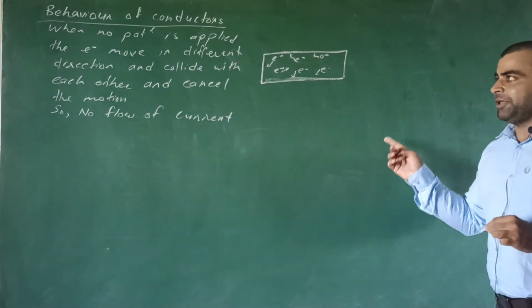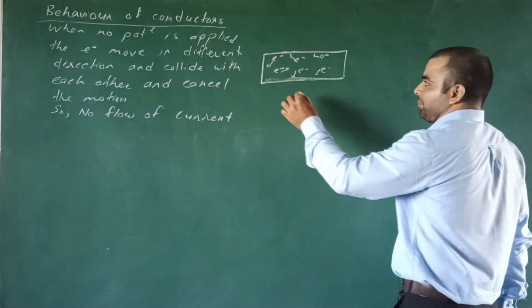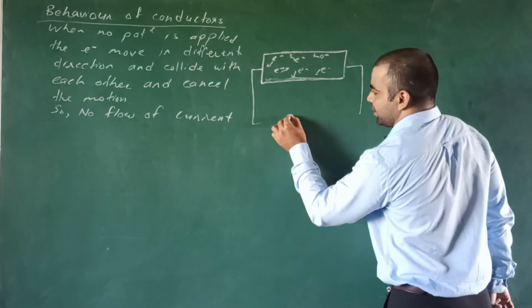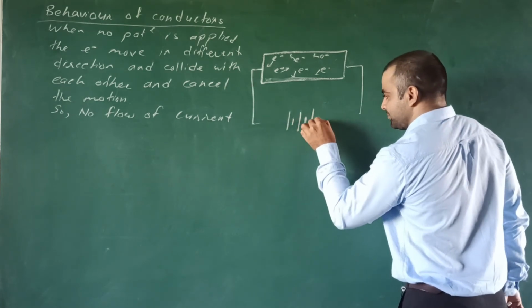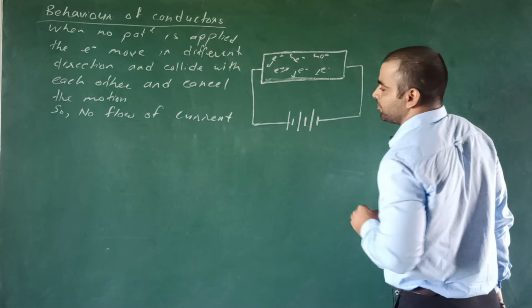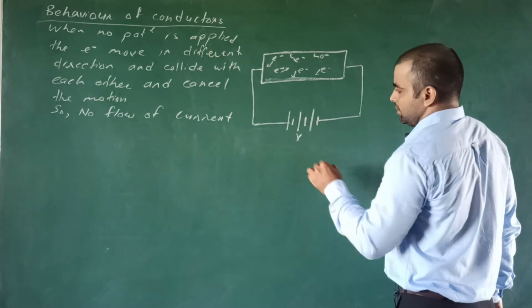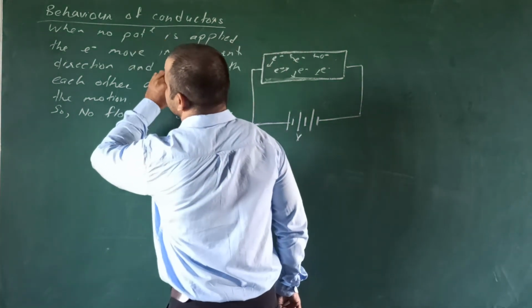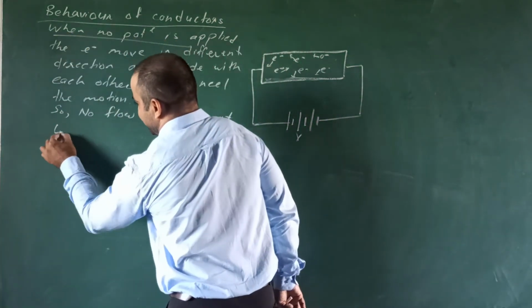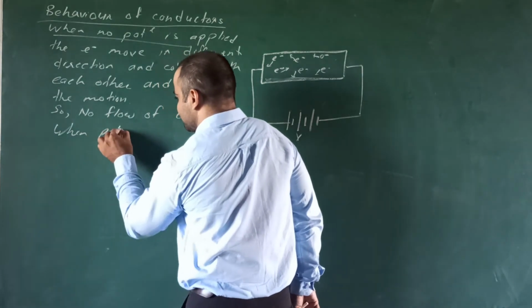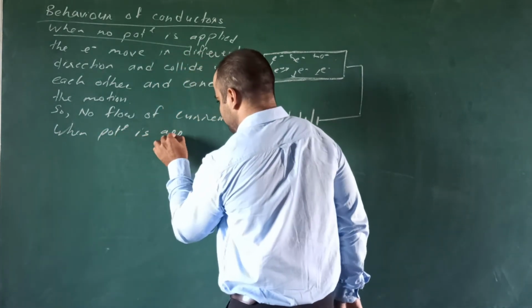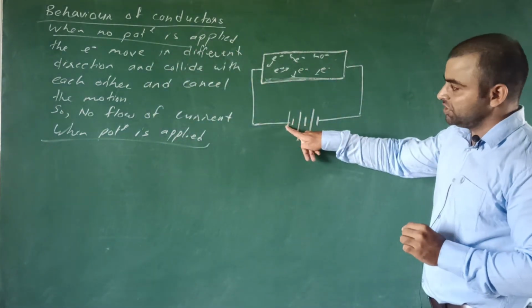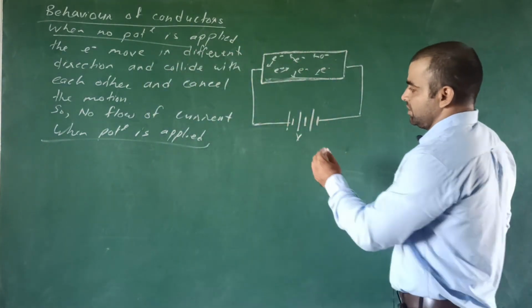But when we apply potential, here I am attaching a battery for applying potential. Potential is applied now. Then what will happen? Here is positive charge, here is negative charge.